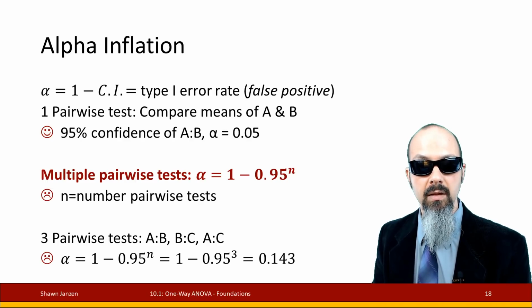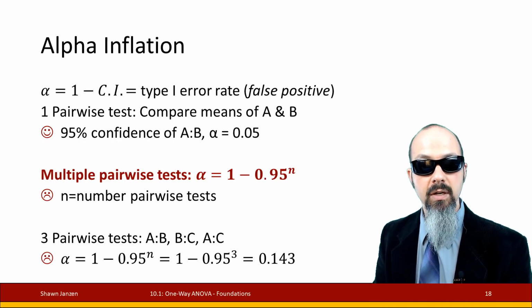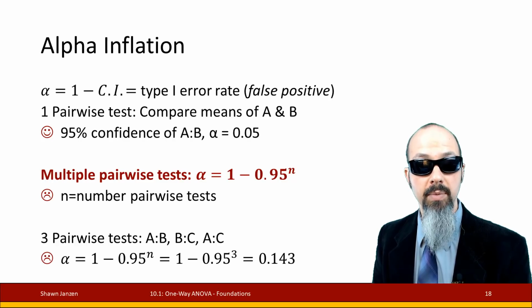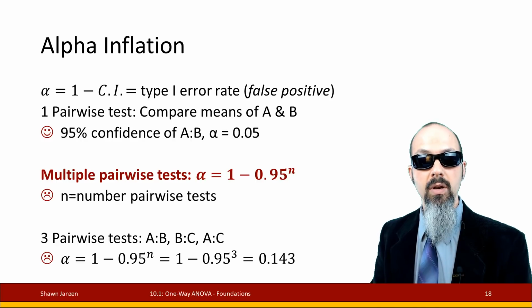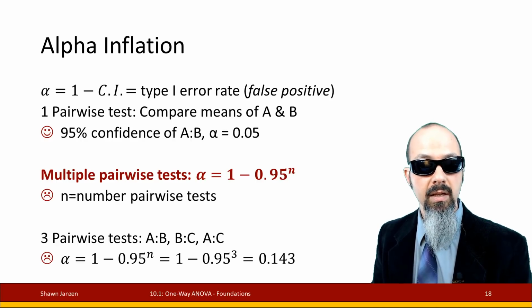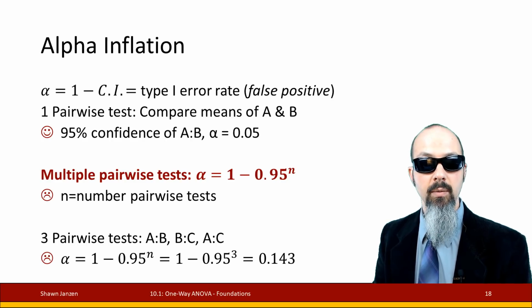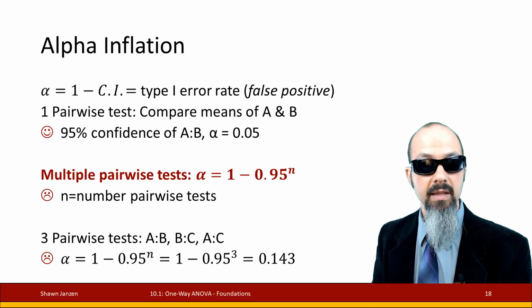And that's flat. But there's something mathematical that starts to happen when I start to do these tests. The first time I do a test, we'll say between A and B, I have an alpha of 0.05 or 5%. When I do another test between B and C, that's another alpha of 5%. And then when I do another one between A and C, that's another 5%.